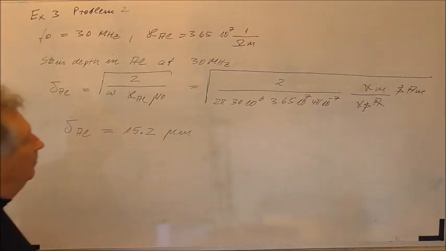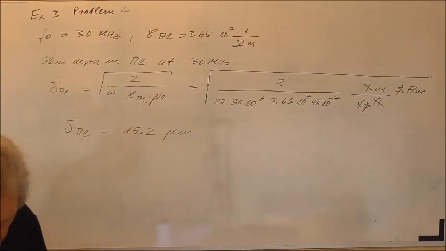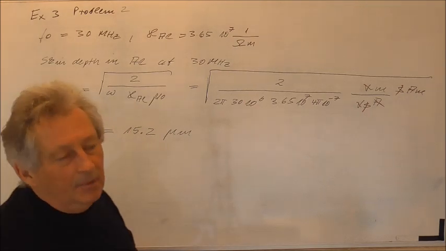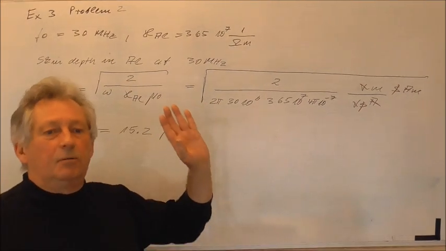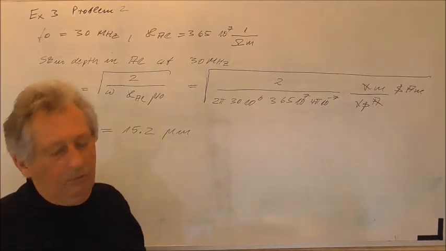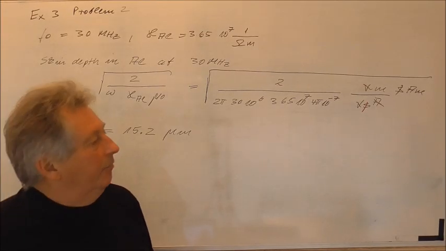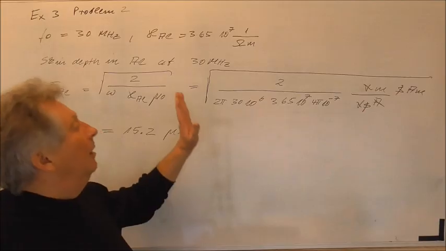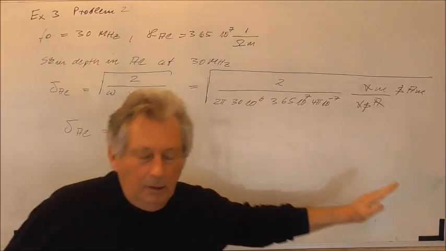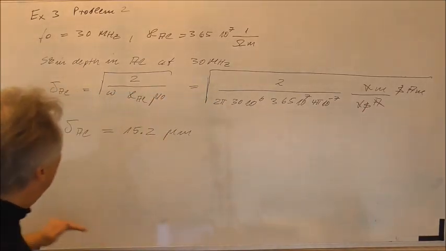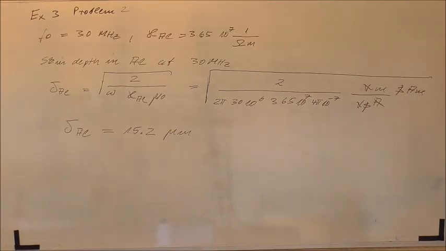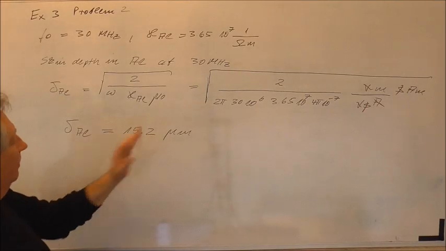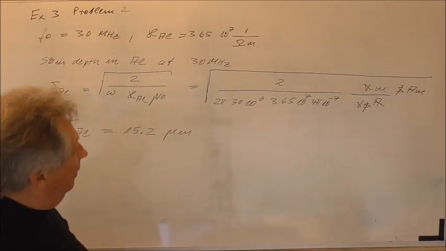This will be the skin depth. And what does this mean, the skin depth? In principle, the skin depth describes how the electric field and the magnetic field of the plane wave decay into the conductor. So it will decay already in a short distance.